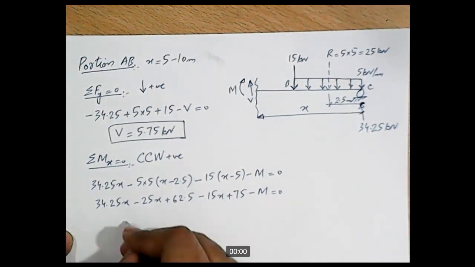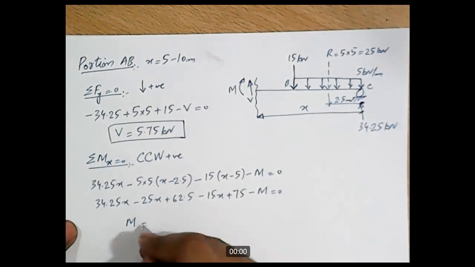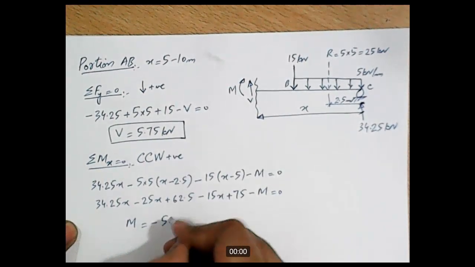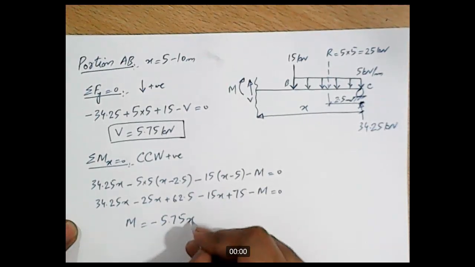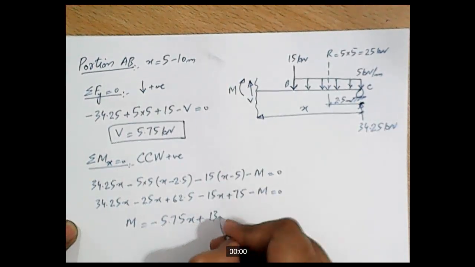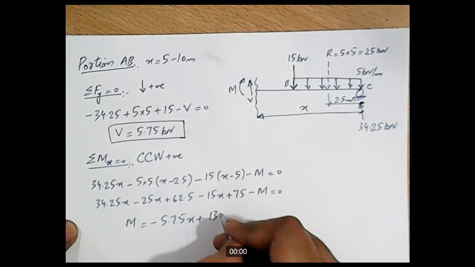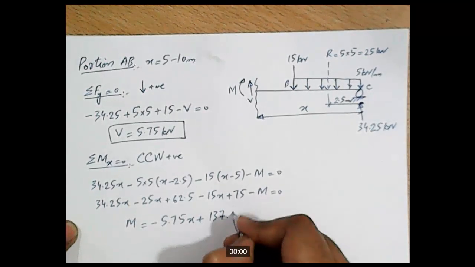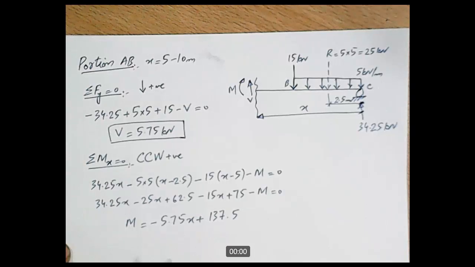Now if we solve it further, we get M is equal to minus 5.75x plus 137.5, and this is the equation of bending moment.